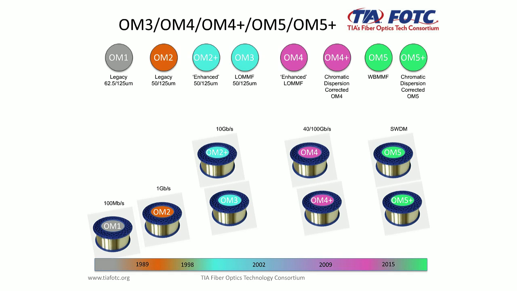There is a series of transceivers coming out, shortwave length division multiplexing using multiple colors, around 850 to 950. And expected will be OM5 plus fibers that not only have the capability of that band of wavelengths for wave division multiplexing, but will also have dispersion compensated corrected characteristics.